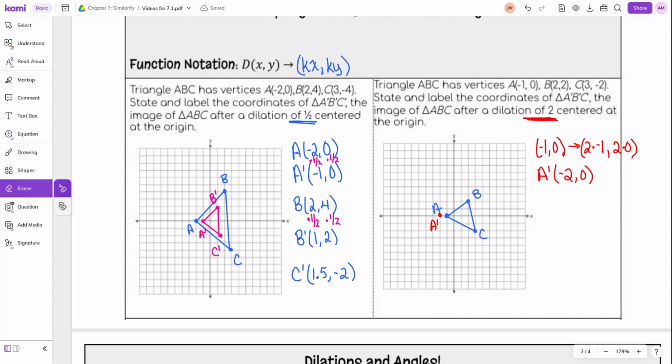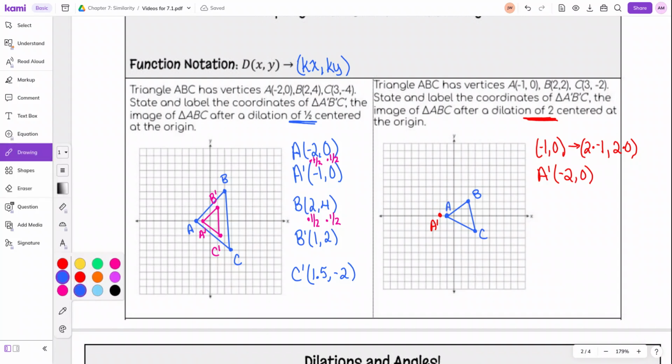And I'm going to move where I originally have my A so that I make sure I know which point is which. All right, we're going to continue that with our other points. 2, 2 is going to become 4, 4. And 3, -2 is going to become 6, -4.